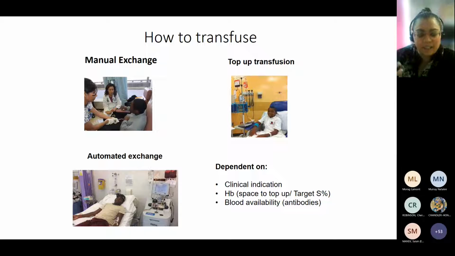But basically, if you start to develop antibodies to donor blood, that reduces the pool of donor blood that you can then receive, because you don't want to cause a reaction to blood you're receiving through a top-up or an exchange. So there are other things to consider as well when you're going on to transfusions.